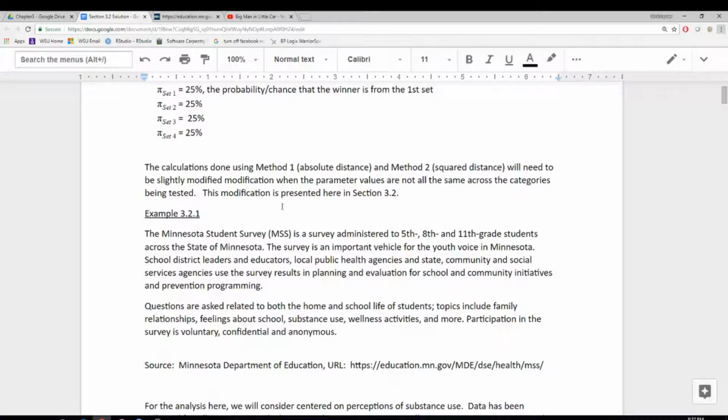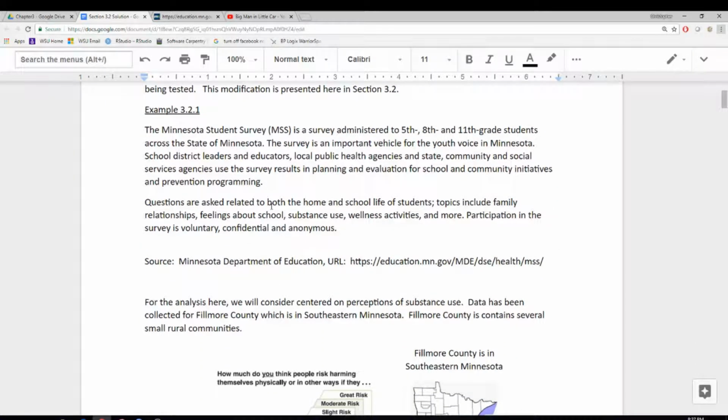Now the calculations that we used in method 1 when we considered the absolute distances, or in method 2 where we were squaring those distances, will need to be modified when the parameter values are not all the same across the categories. And that's the purpose of section 3.2. So let us consider example 3.2.1.